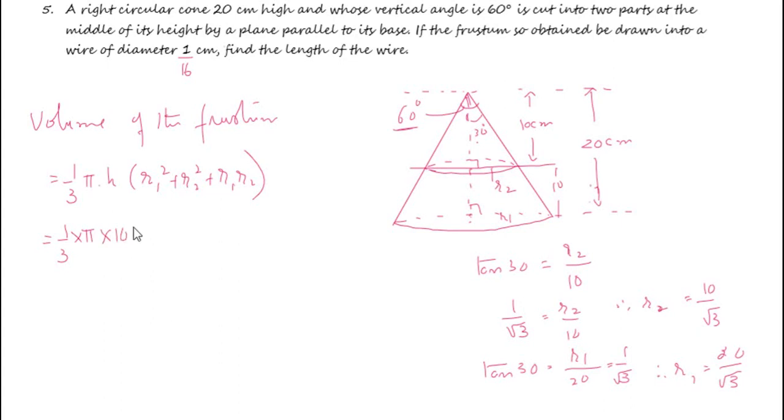H is equal to 10 plus r1 square, 10 divided by root 3 square, that is 100 divided by 3, plus 20 divided by root 3 square, that is 400 divided by 3, plus 10 by root 3 into 20 by root 3, that is 200 divided by 3, is equal to 1 by 3 pi into 10 into 100, 500, 700 divided by 3.